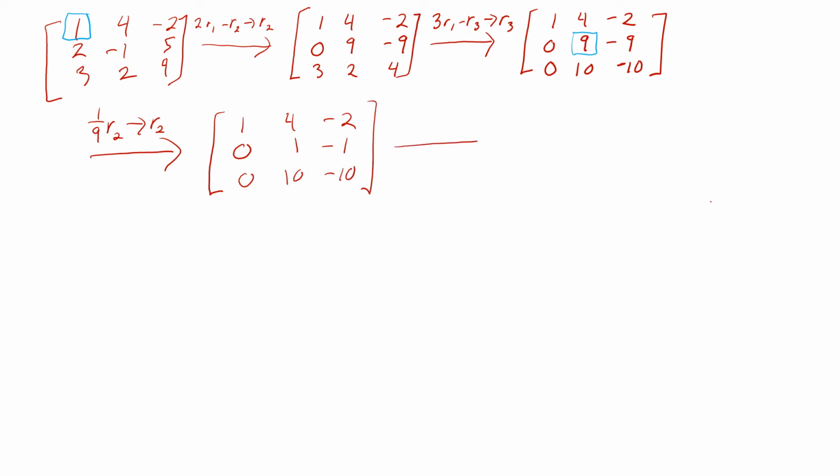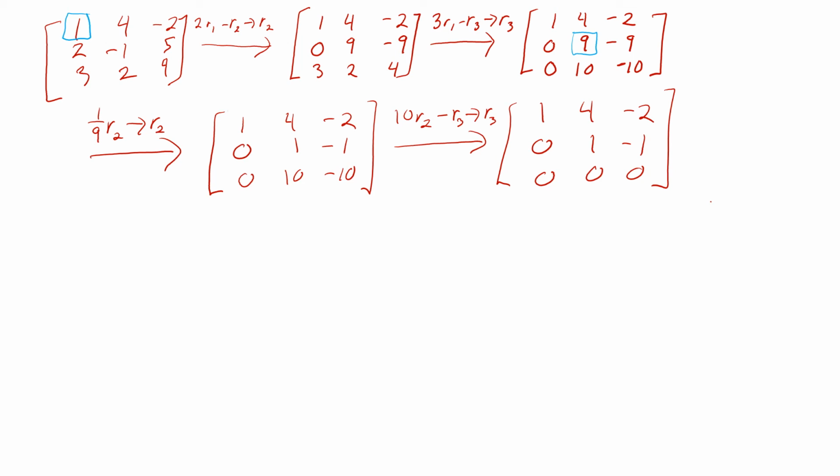Now I can take 10 times row 2 minus row 3 as my new row 3. I get 1, 4, -2, 0, 1, -1, 0, 0, 0, all zeros. Again, I'm trying to get all the zeros on the bottom if there's any rows of zeros.